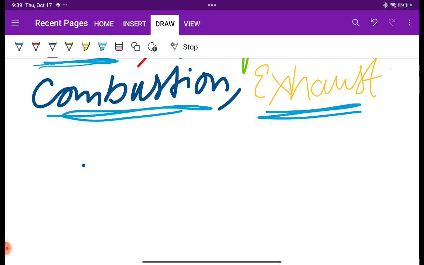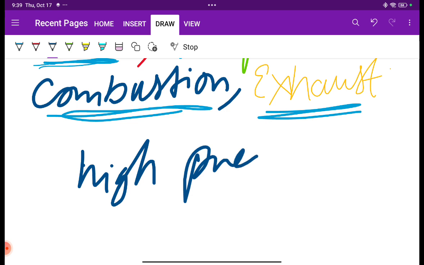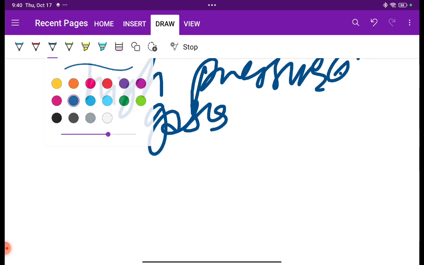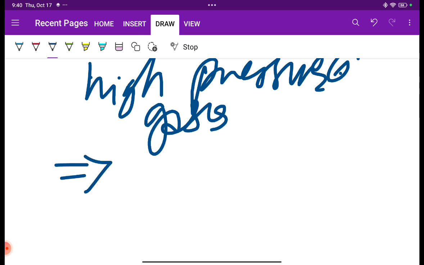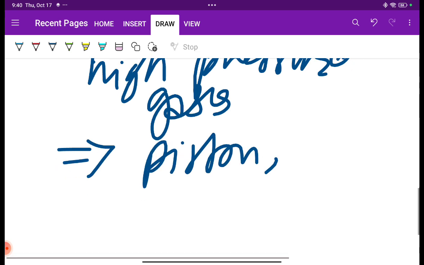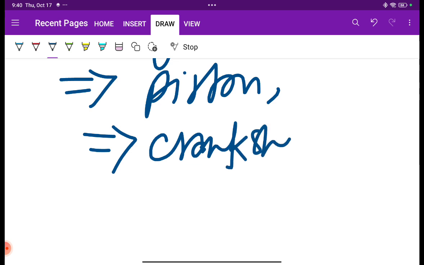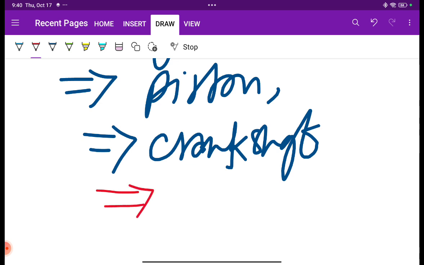So what happens is high pressure gases will push the piston, which are connected to the crankshaft. This further results in rotational motion.